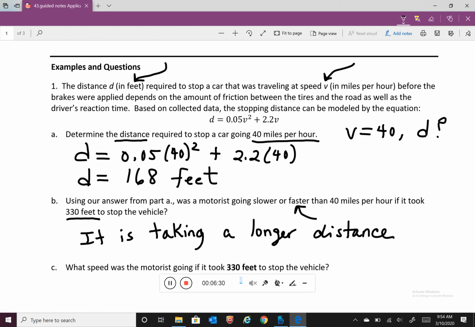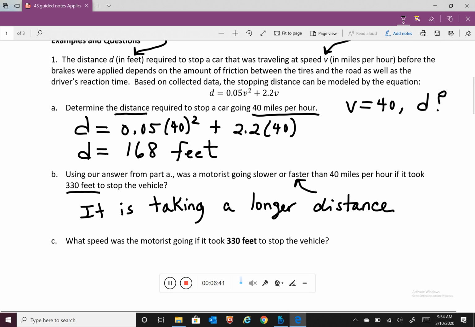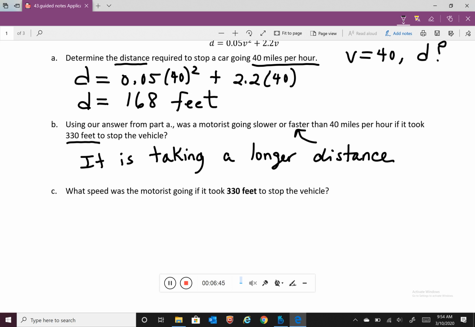Okay, so that leads us into the next question. That helped us understand that the motorist is going faster than 40 miles per hour, but we can actually figure out the speed of the motorist. And so what speed was the motorist going if it took 330 feet to stop? Well, 330 feet is our distance.